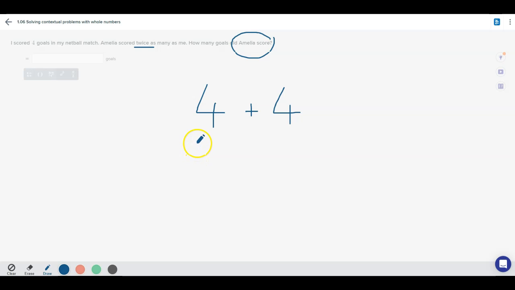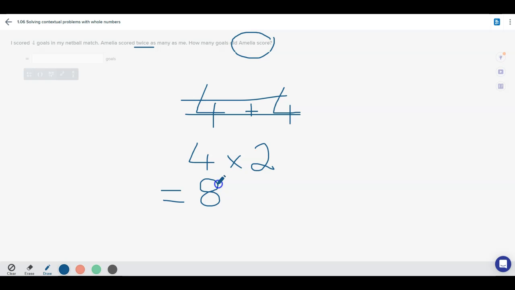So in this case, it's probably better to do 4 times 2. So again, we'll just cross this one out for the moment. And remember that with multiplication, the order of the numbers doesn't matter. So this could be 2 times 4. It's exactly the same thing. And of course, we would be able to solve that and get the value 8.